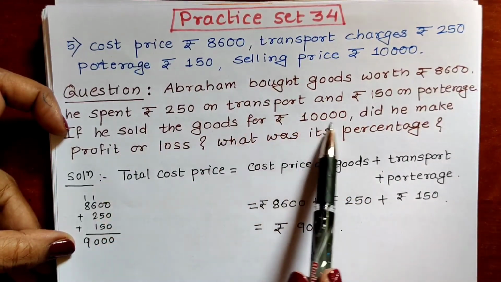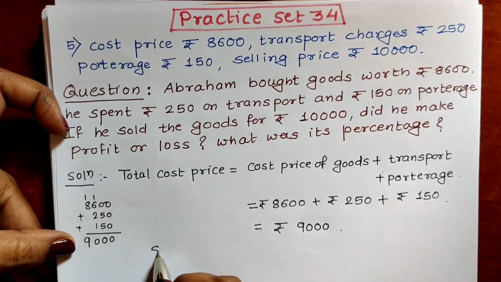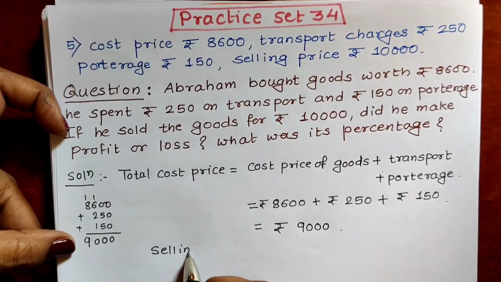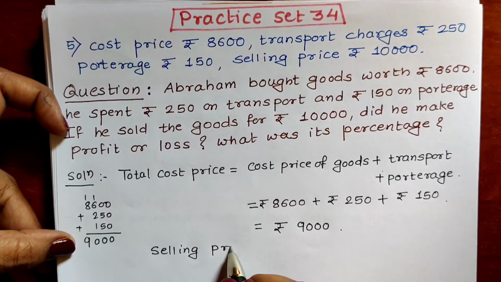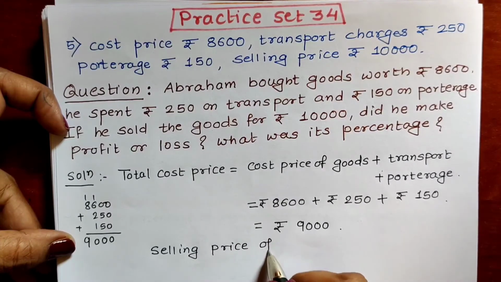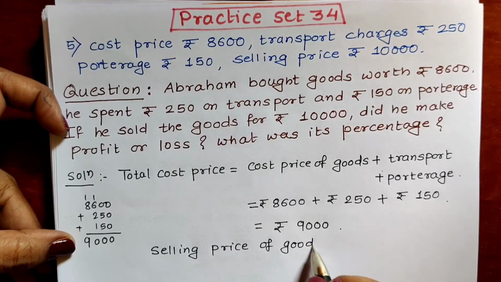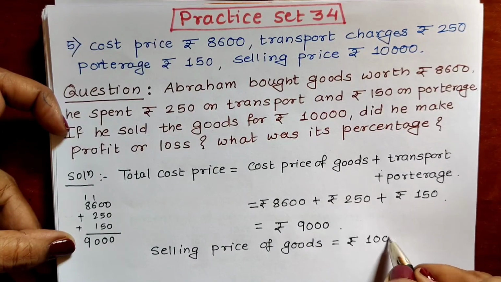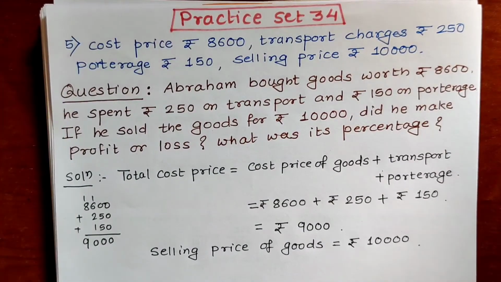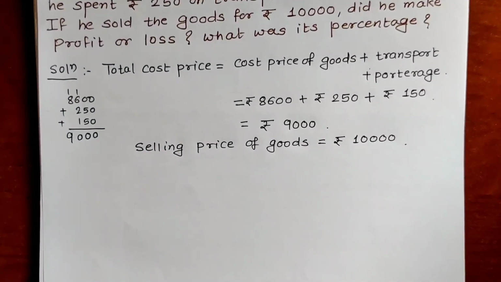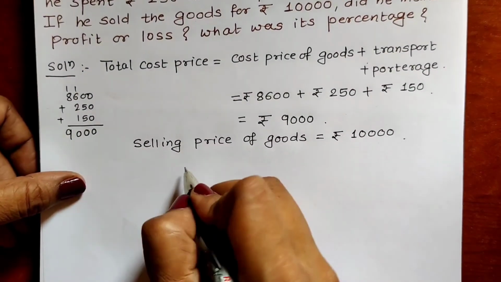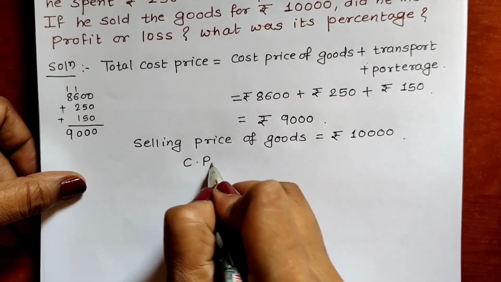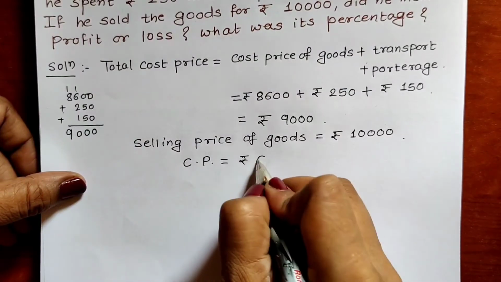Now what is the selling price? He sold the goods for rupees 10,000. So selling price of goods is equal to rupees 10,000. Okay, so let us see which is greater and which is lesser.